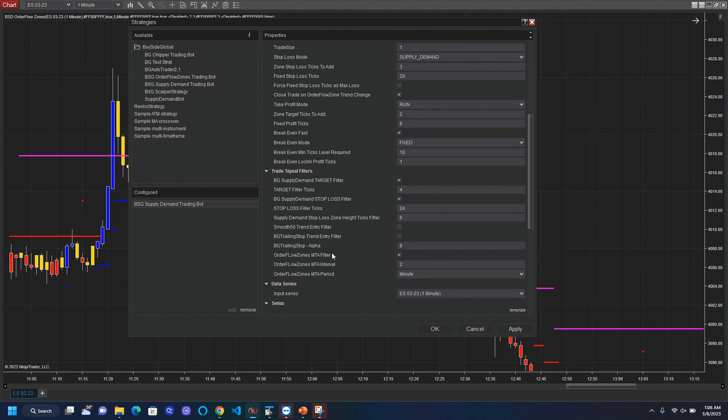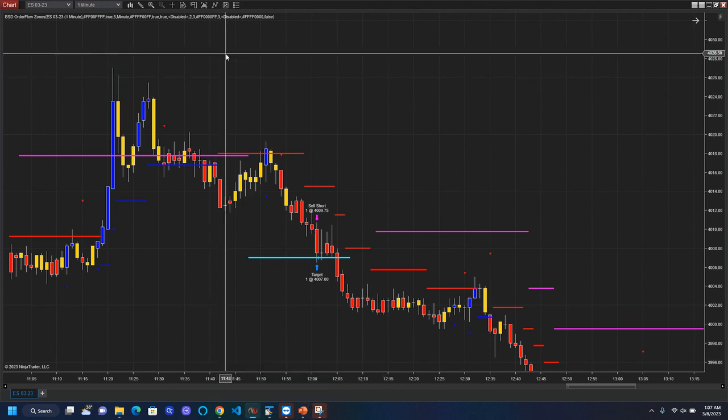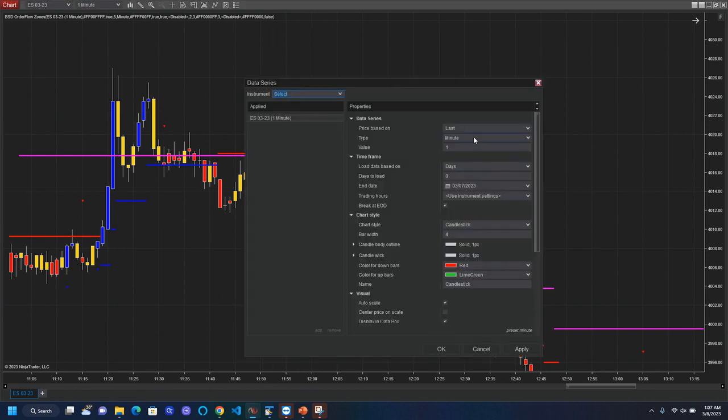We call it MTA because even though you're trading on a 1 minute chart on ES, you can check the trend on a different chart. That's why we have the interval and then the minute. What do we mean by that?